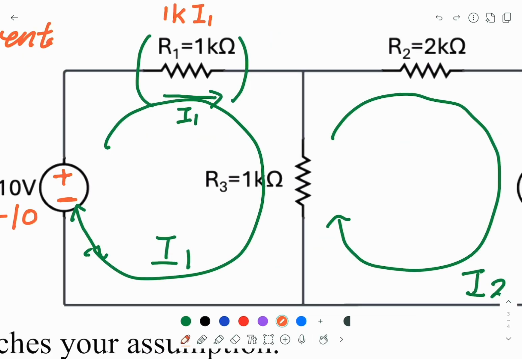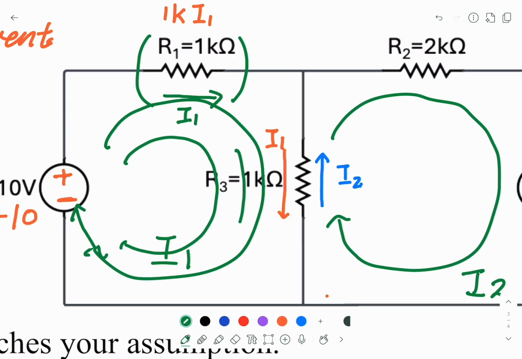Now let's look at the case of R3. I1 passes through R3 from top to bottom. However, R3 is also shared by the right hand side loop, and this loop has I2, which is going from bottom to top. From I1's point of view, this current must pass from top to bottom, so we can assume that I1 is bigger than I2.